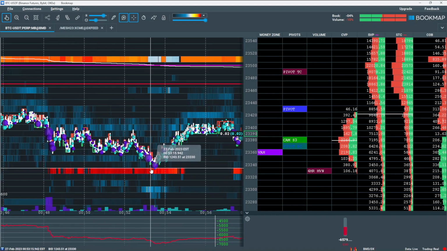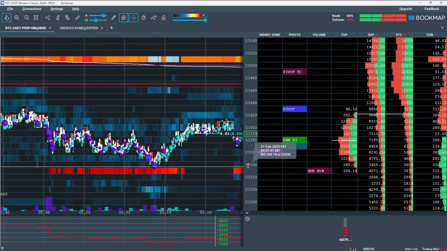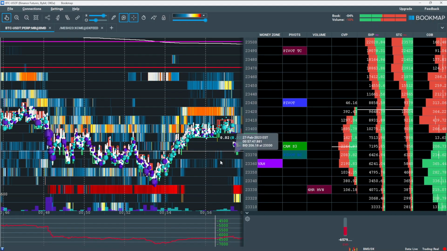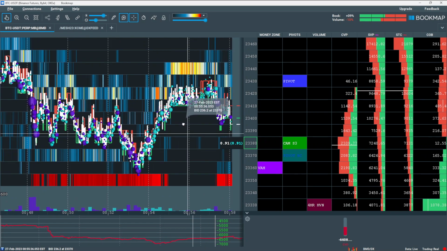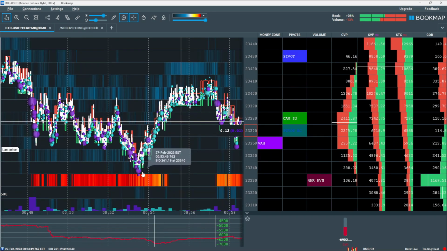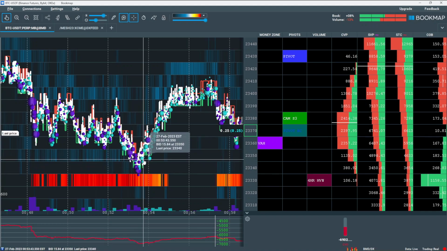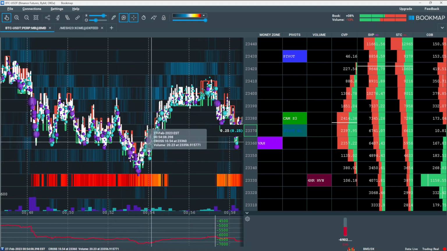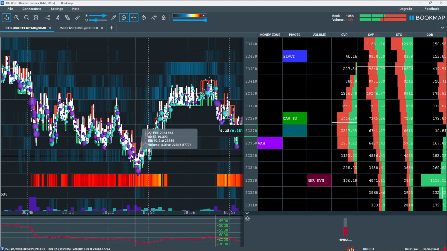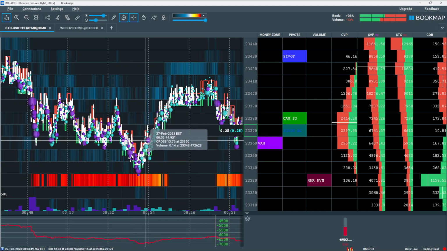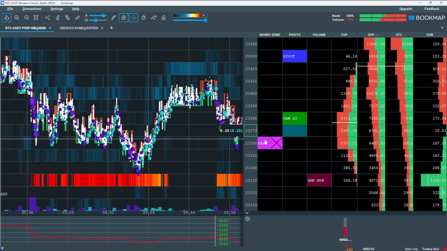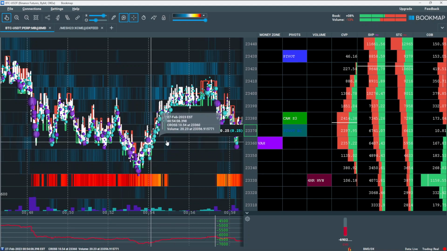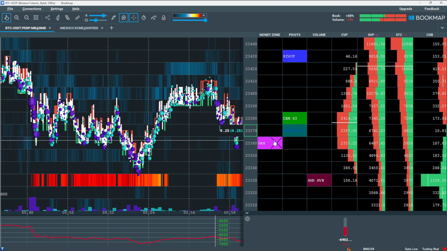So it came down into this heavy liquidity right here. Let's widen this up a little bit. Right, so the sellers here came down. We had sellers, and then we just had a flurry of buying. No sellers really coming up to take on the buyers, or maybe this was short covering as well with reversal buyers, because just like I'm looking at these levels, other participants are looking at these levels as well.